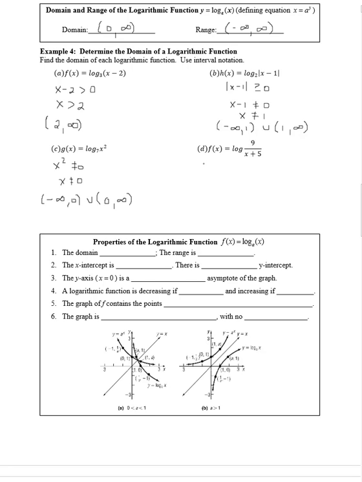So we need x plus 5 to be greater than 0, and then it stays positive. So x has to be greater than negative 5. Which means we have negative 5 to infinity for the domain of that one.